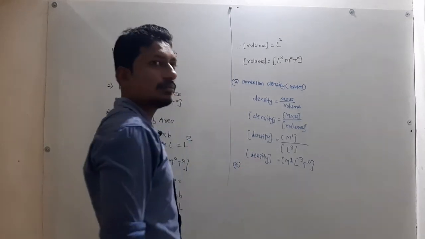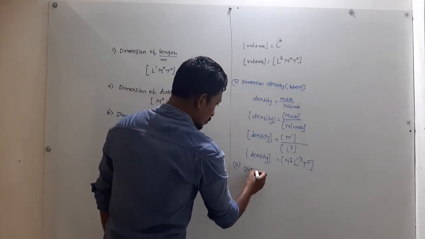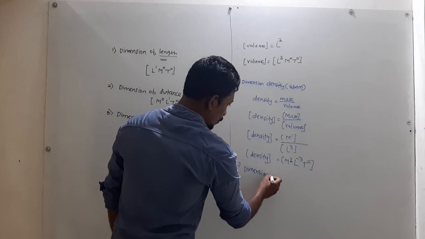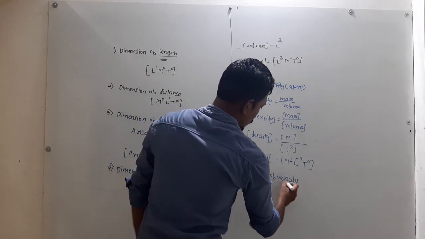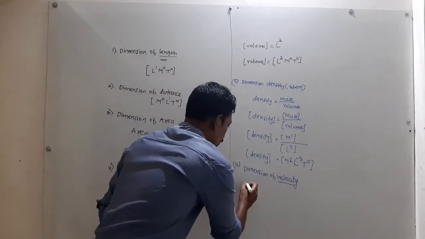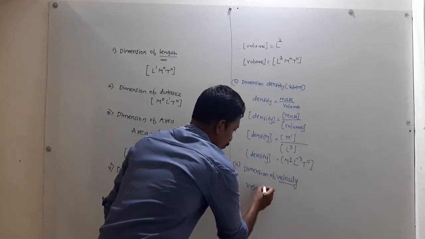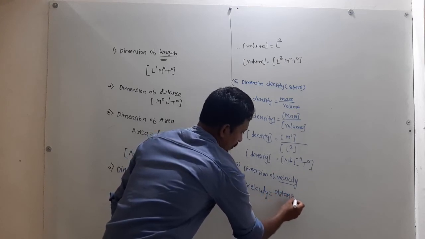Sixth, dimension of velocity. What is the formula of velocity? Velocity is equal to distance upon time.